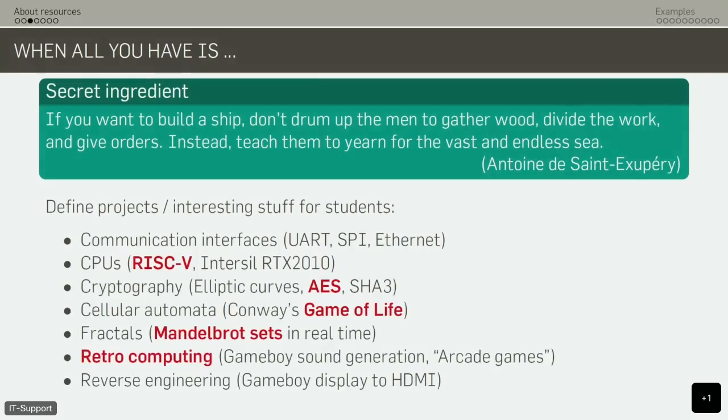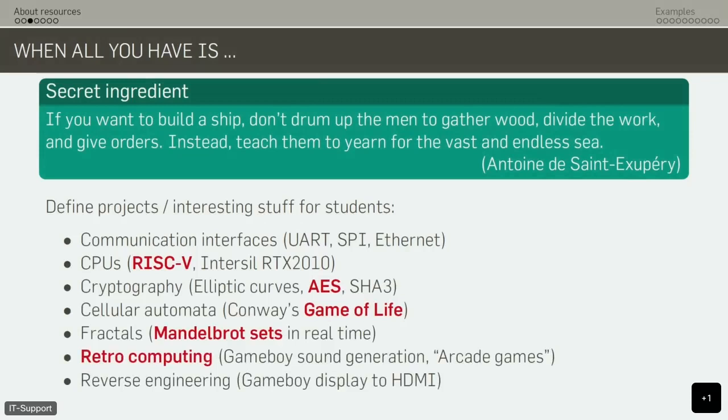And so I defined some interesting topics for computer scientists. For starters, some communication devices. CPUs are always interesting for computer scientists.